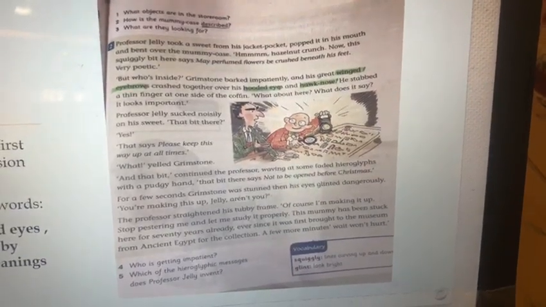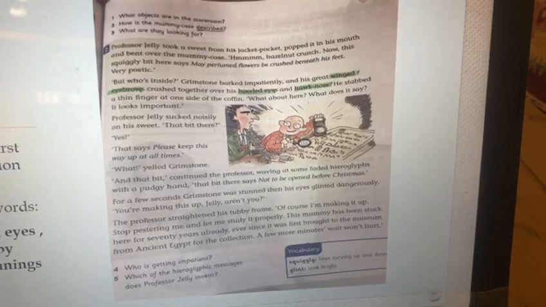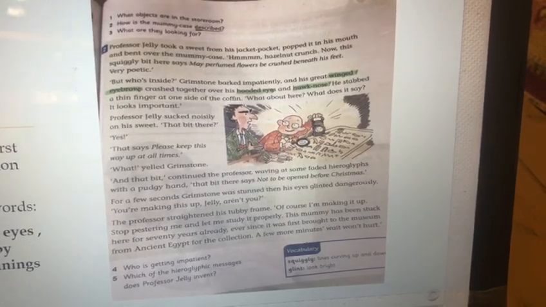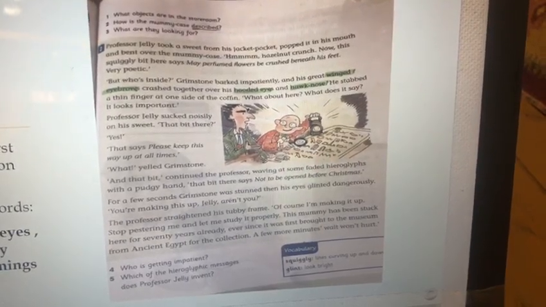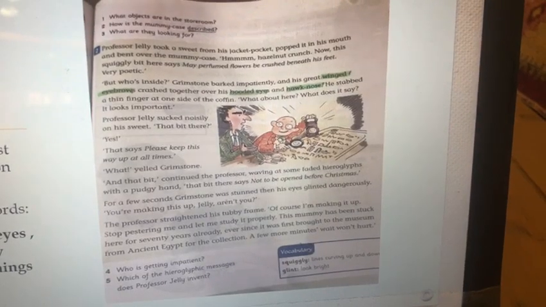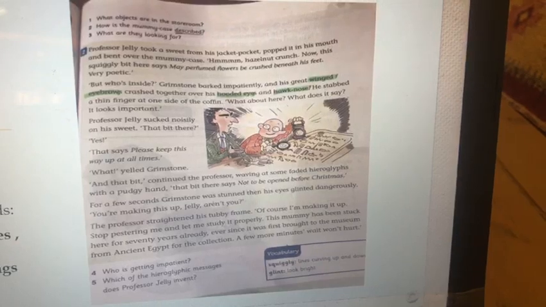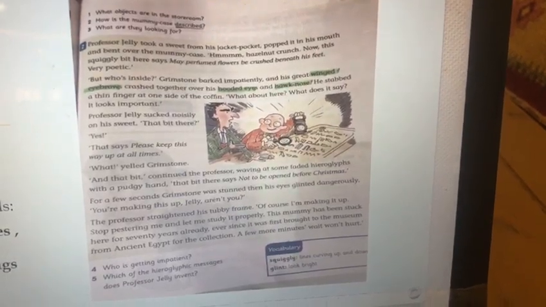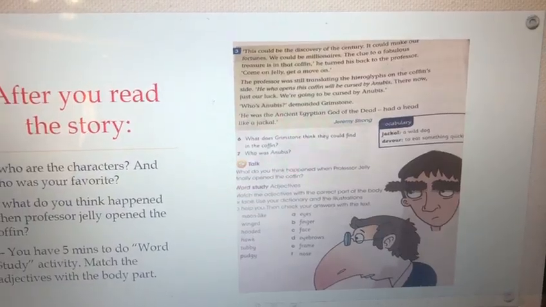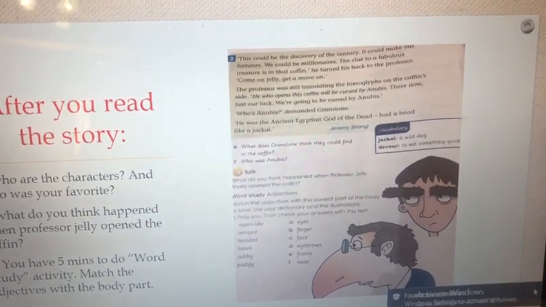The professor straightened his stubby frame. "Of course I'm making it up. Stop pestering me and let me study it properly. This mummy has been stuck here for 70 years already, ever since it was first brought to the museum from ancient Egypt." Now please move to part 3.